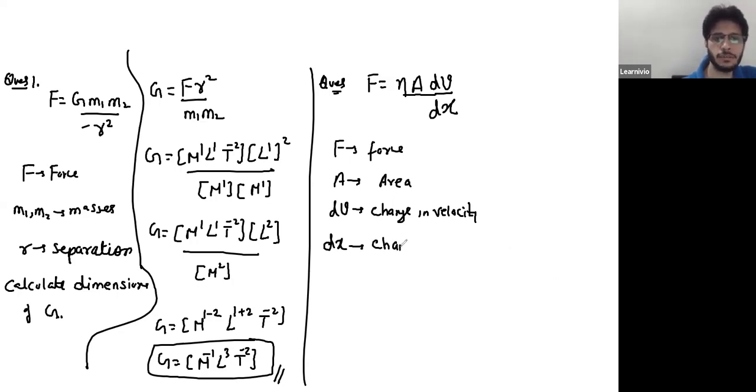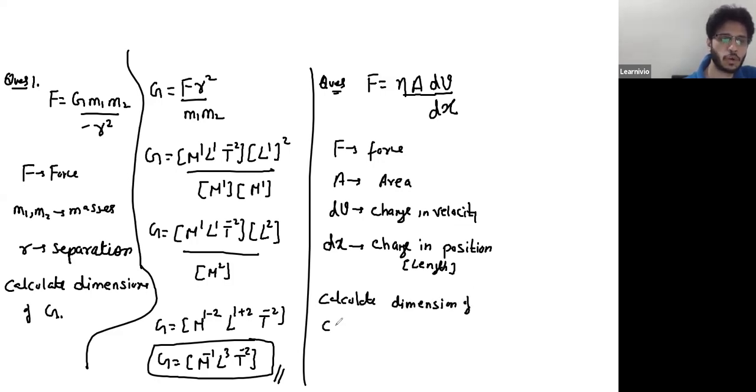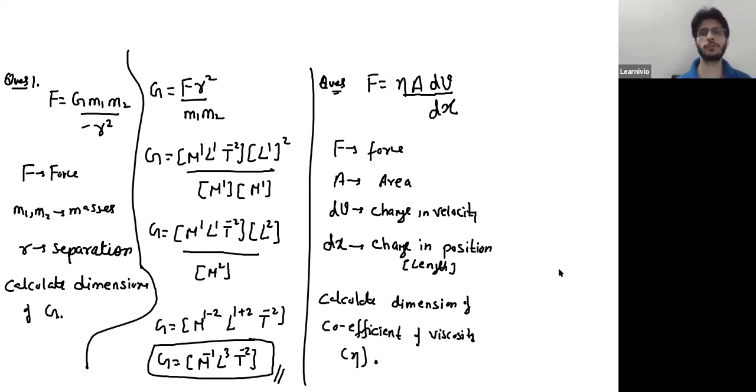Position is length, so change in position is basically length. Calculate the dimensions of the coefficient of viscosity, eta. Okay, solve this numerical. Report your answer in the chat room.